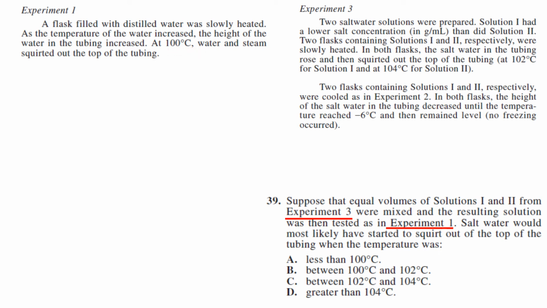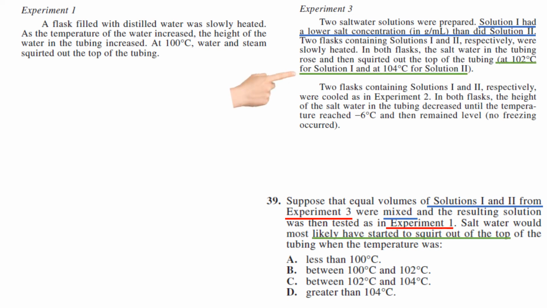We're going to see when it comes out. We want to see when that's going to happen. In experiment 3, we know they had solutions 1 and 2. One had a lower salt concentration, the other had a higher salt concentration. And we want to basically know when it boils. So solution 1 boiled at 102, solution 2 boiled at 104. So you mix them, it's going to be between 102 and 104. C.